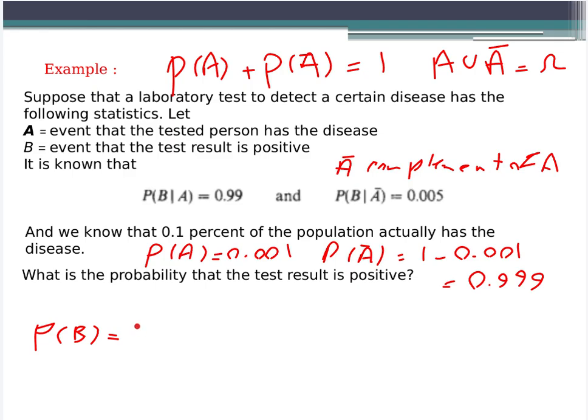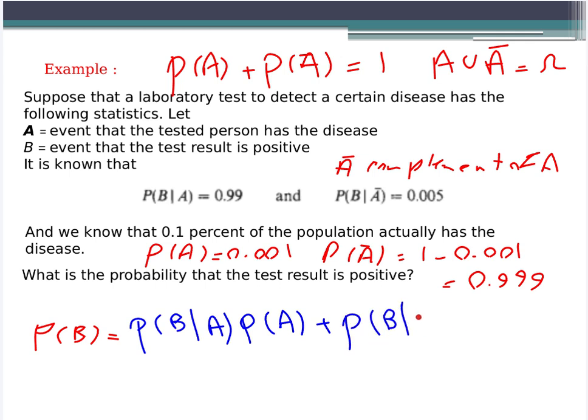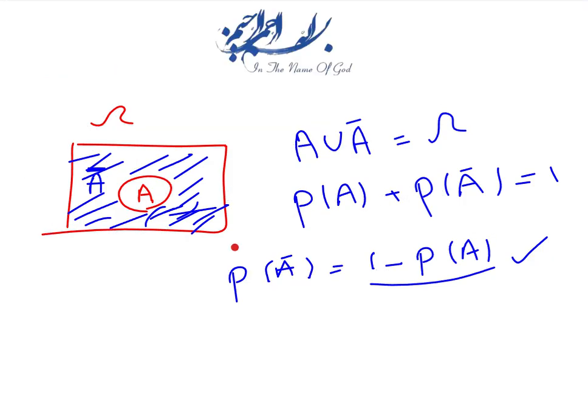The probability of B is equal to the probability of B given A times the probability of A, plus the probability of B given A bar times the probability of A bar. In this example, A and A bar are the partitions of our sample space.